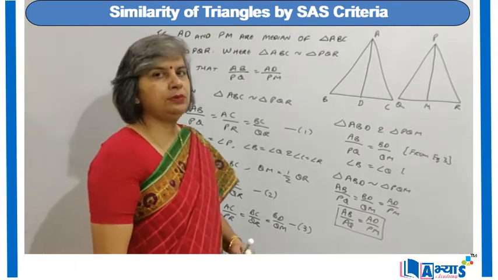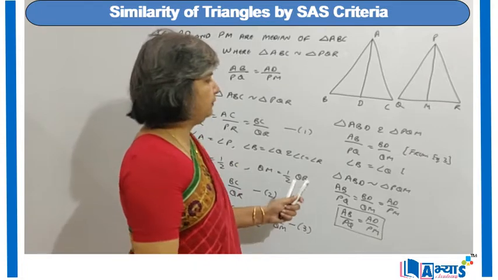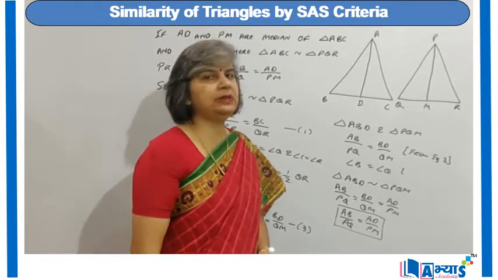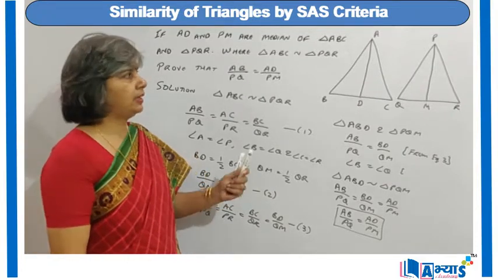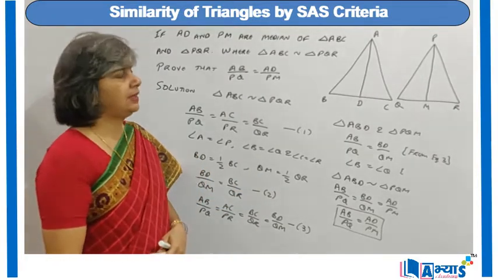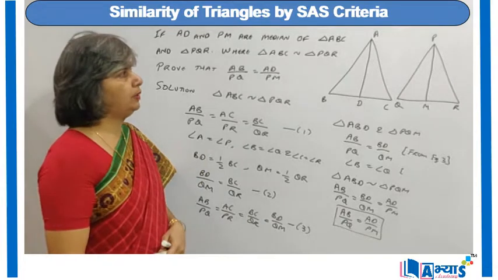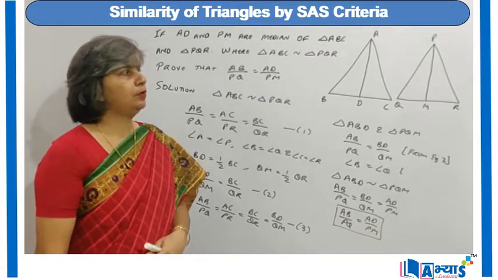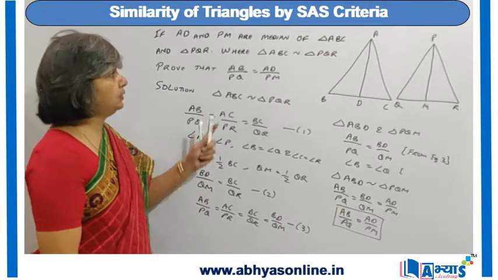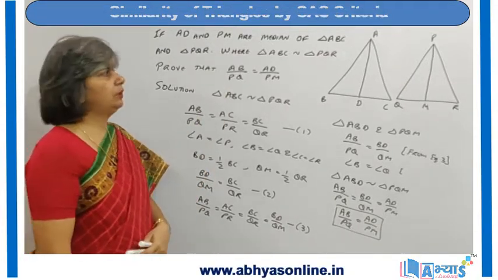So according to SAS criteria of similarity, we can say that triangle ABD is similar to PQM, and as the two triangles are similar, the sides are in ratio, so AB upon PQ is equal to BD upon QM is equal to AD upon PM. Hence we have formed the relation AB upon PQ is equal to AD upon PM.